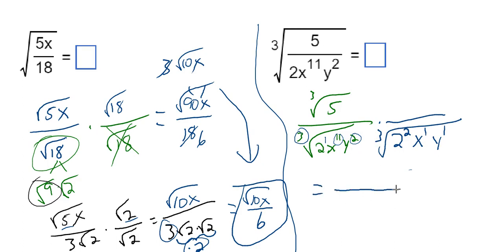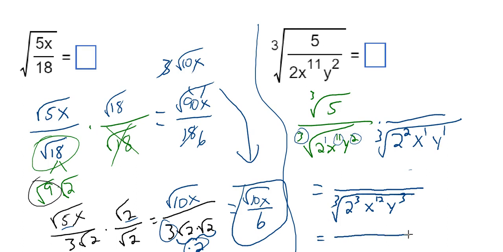And so what we're going to end up with is the 2's multiply together to give me 2 to the 3rd power. The x's multiply together to give me x to the 12th power. The y's multiply together to give me y to the 3rd power. Oh, that was not good. Probably should have drawn this first instead of afterwards. Okay, and we're taking the cube root of that.